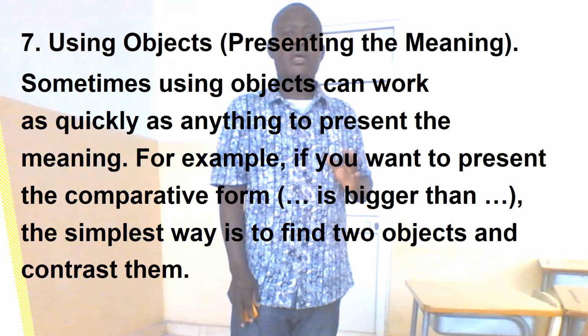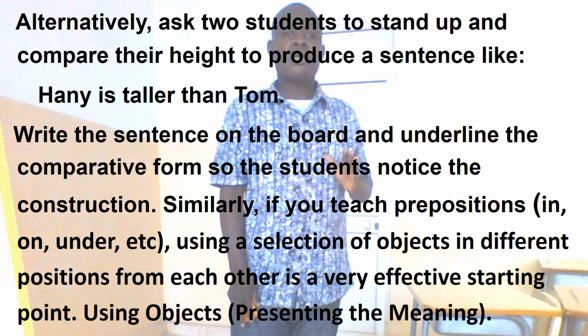7. Using objects, presenting the meaning. Sometimes using objects can work as quickly as anything to present the meaning. For example, if you want to present the comparative form "is bigger than", the simplest way is to find two objects and contrast them.